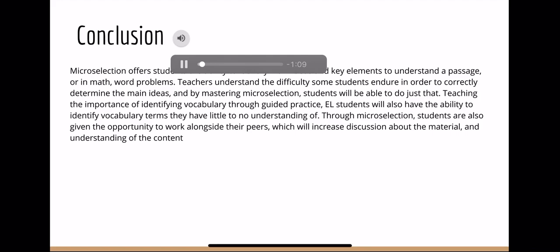In conclusion, microselection offers students the ability to identify main ideas and key elements to understand a passage, or, for instance, in our lesson plan, math word problems.